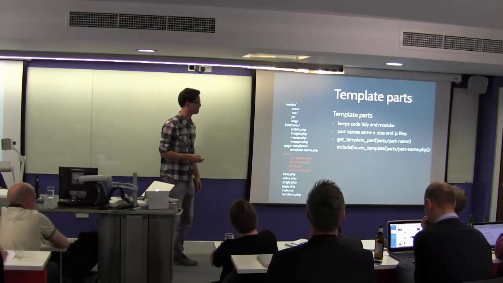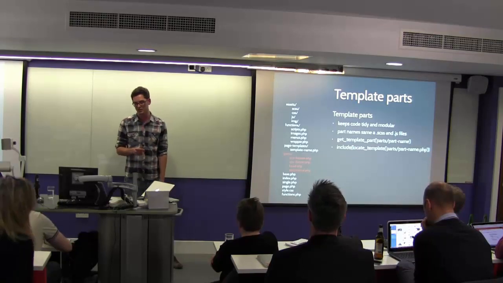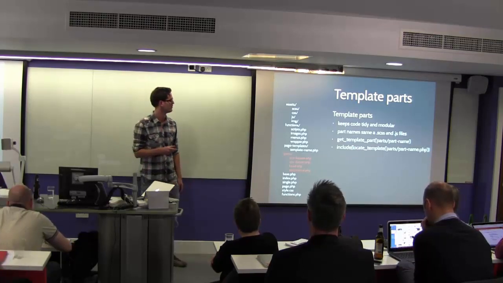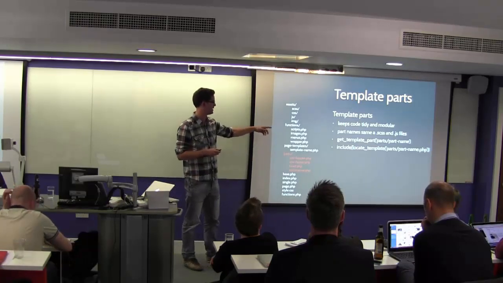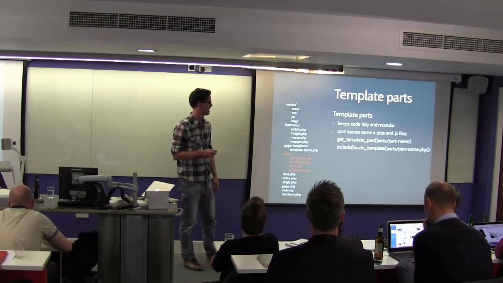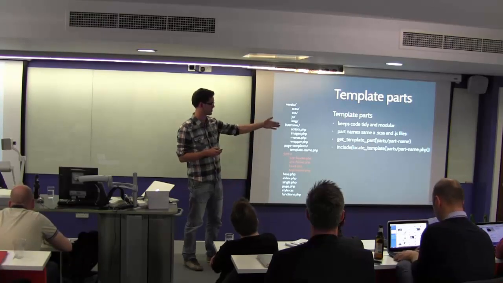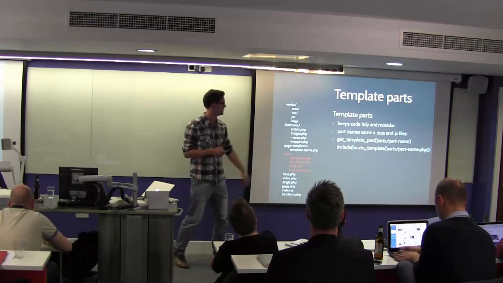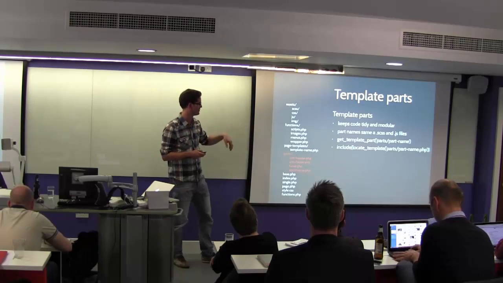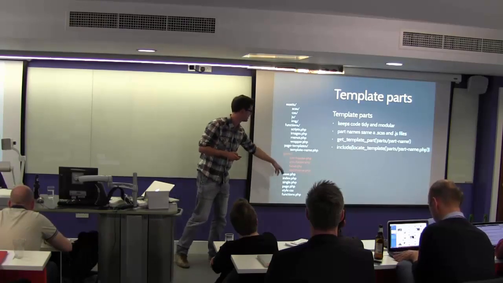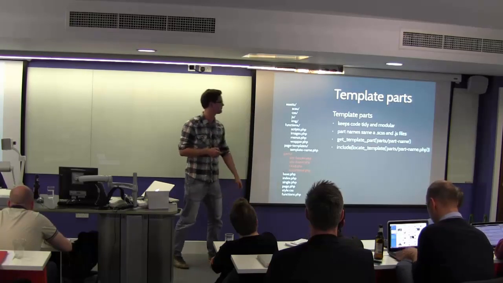It's really easy. So there's two functions that we need to know about when we're talking about template parts. The first is the one that you've probably all seen, get_template_part. And then I just put parts/ because it's in that subdirectory. You don't need the file extension at the end. You can include that in any of your page templates, and it will go and get one of these things.